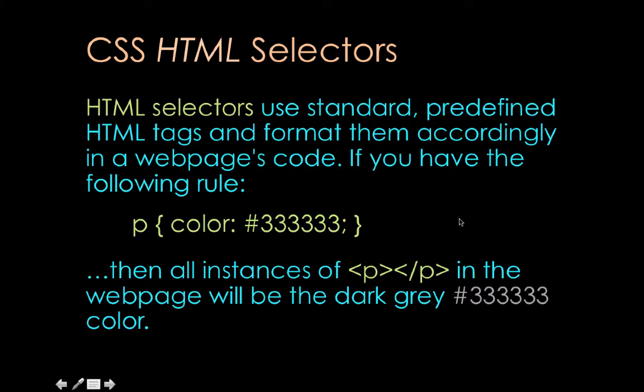Right here where I'm circling this P tag, that's the HTML part. But up here where I've got my paragraph selector in the CSS rule, it doesn't have any braces around it. All it is is a regular old P. And then it has these curly braces with a declaration beside it. That means it knows to find every instance of a paragraph on the page and make it this dark gray color.